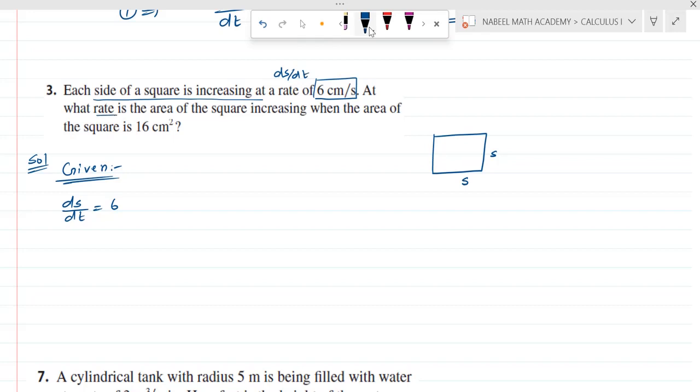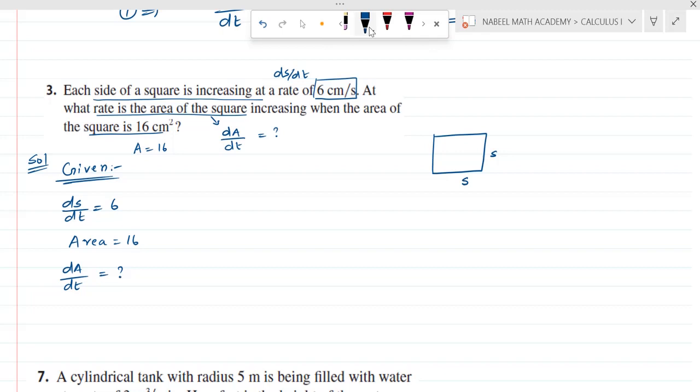At what rate is the area of the square increasing? This is actually dA over dt, which is asking the question mark, when the area of the square is 16. So I write it here, the area is equal to 16, and you have to find dA over dt.